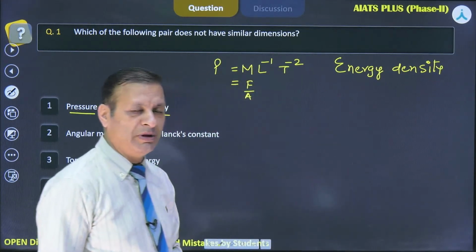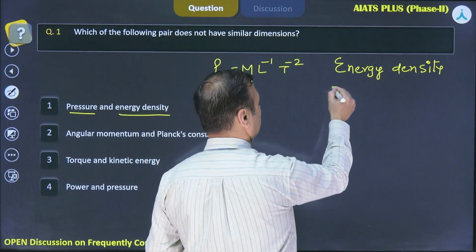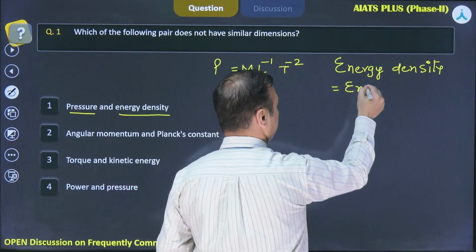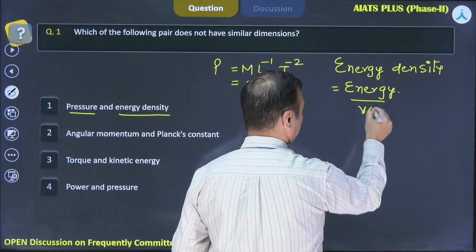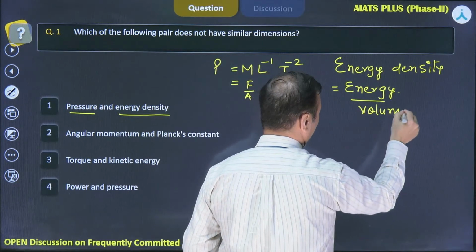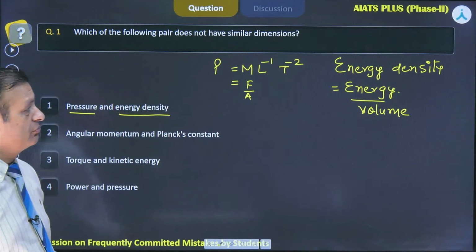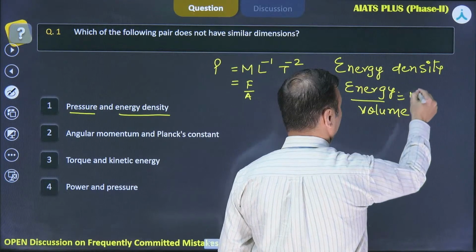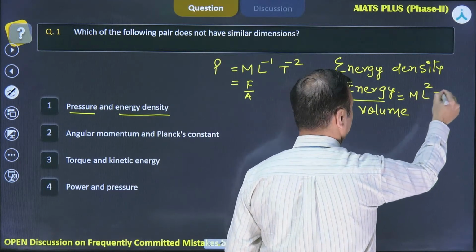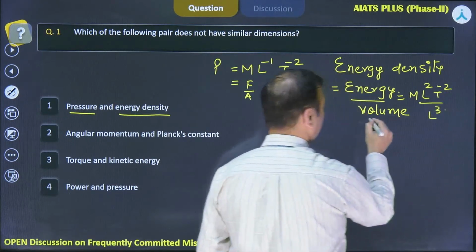Though you should memorize all these formulas well, sometimes it's easy if you develop the formula. So energy density is energy per unit volume. What is the dimensional formula for the energy? It's ML^2 T^-2 per unit volume, so L^3.